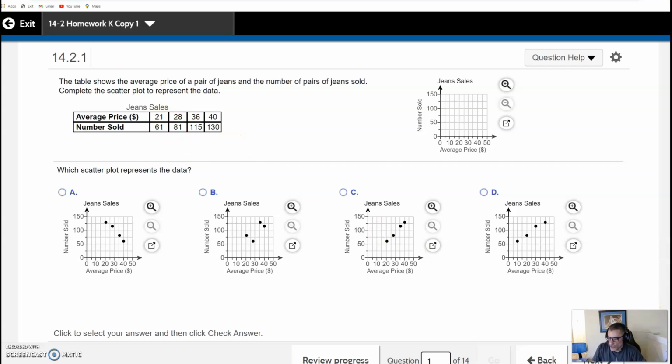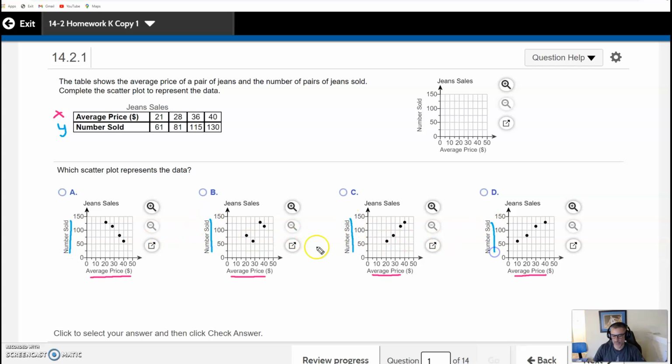The first thing to remember about a table is that the top row is always going to be your x coordinates, and the bottom row is always going to be your y coordinates. You can see that if you look at the graphs here. Notice that the average price, our x coordinates, is listed on the x-axis of every single graph, and the number sold is listed on the y-axis of every graph.